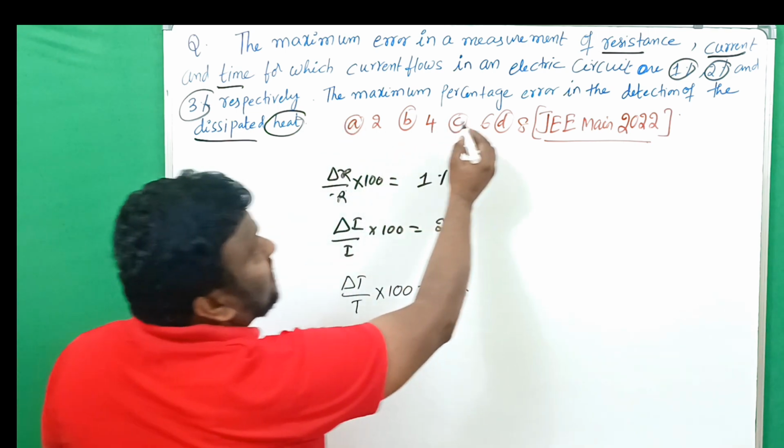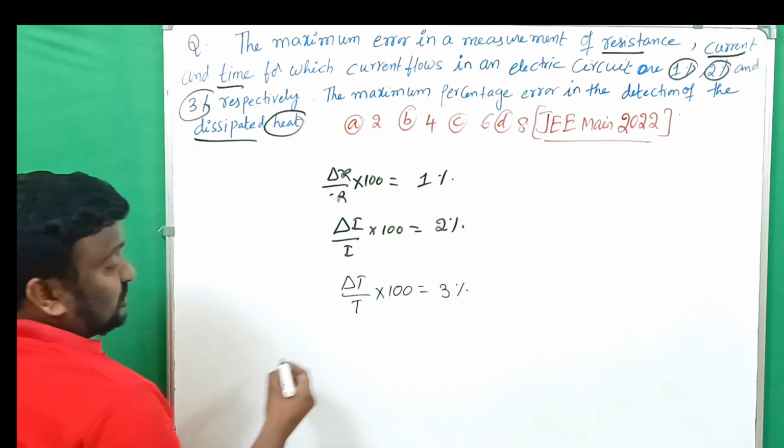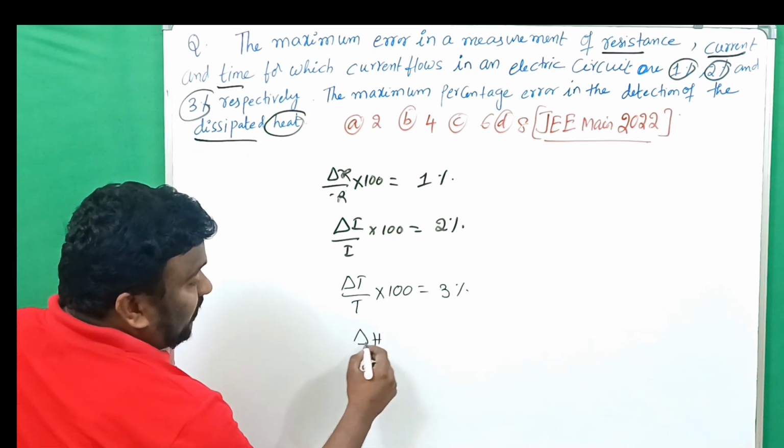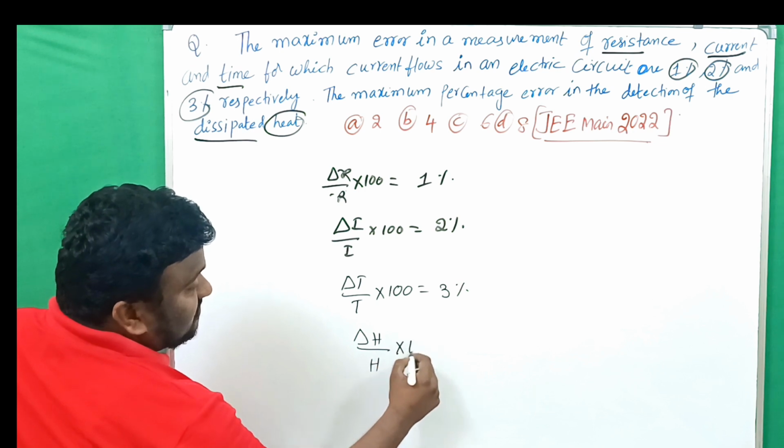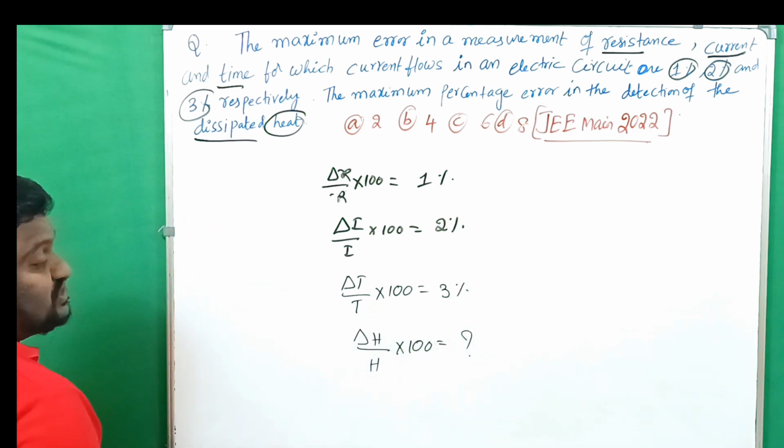The maximum percentage error in the determination of the dissipated heat. So we want to find out delta H by H into 100.